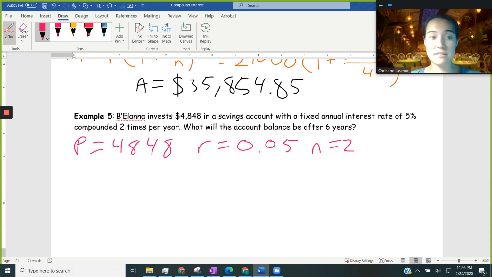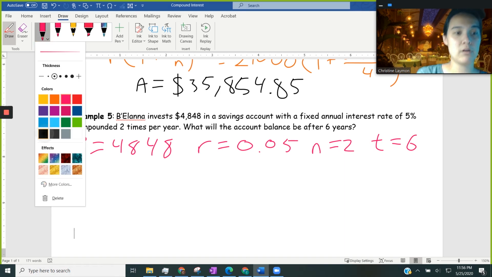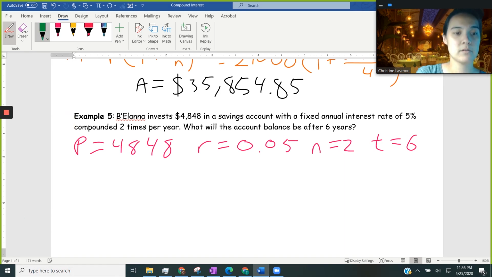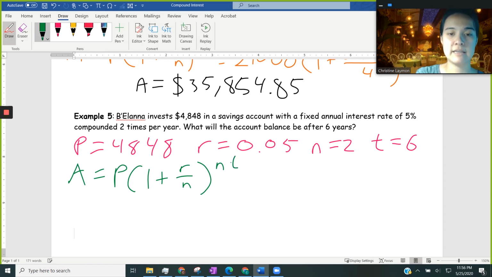And another name for 2 times per year is semi-annually. And our time period is 6 years. Okay? And we're going to be plugging all of this in to A equals P times 1 plus R over N raised to the NT.